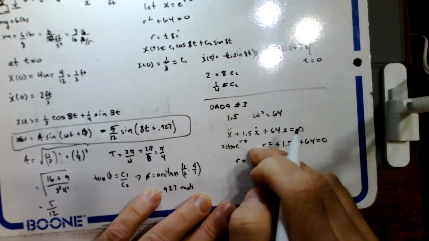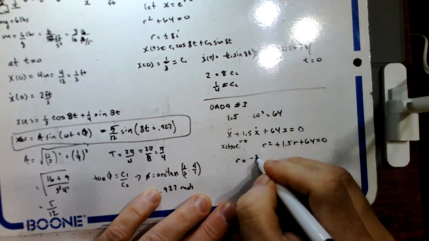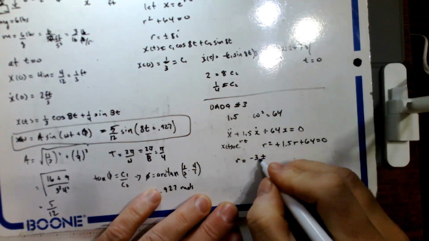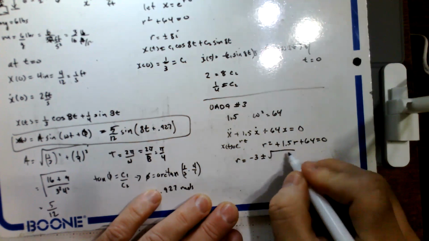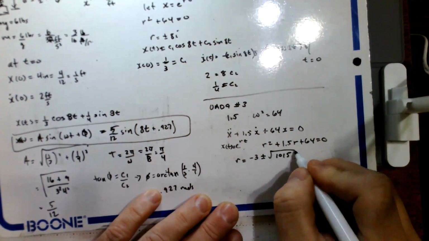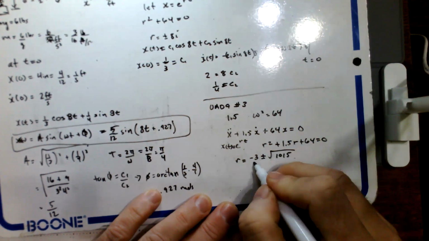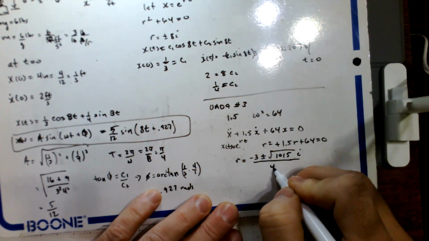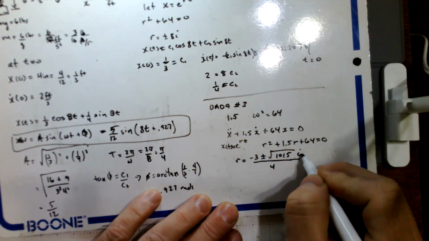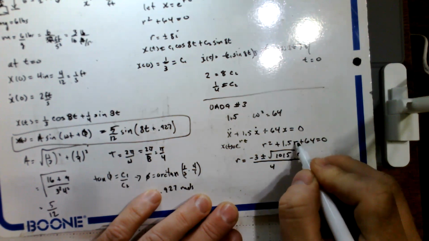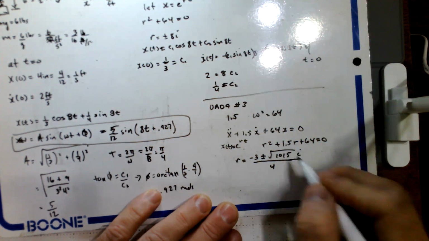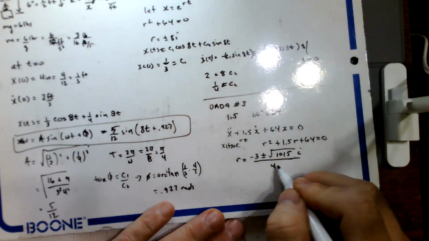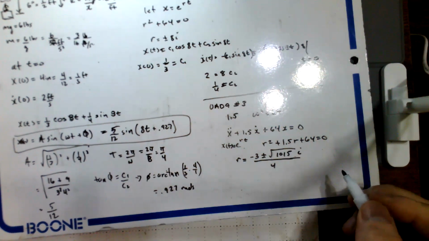I changed 1.5 to 3/2, just because it's easier to write out. So this is negative 3 plus or minus the square root of i times 1015, all divided by 4. It's imaginary since the 4ac with the 64 is larger than the 3/2 squared, and then pulling out the common denominator. Okay, so that's where that comes from.